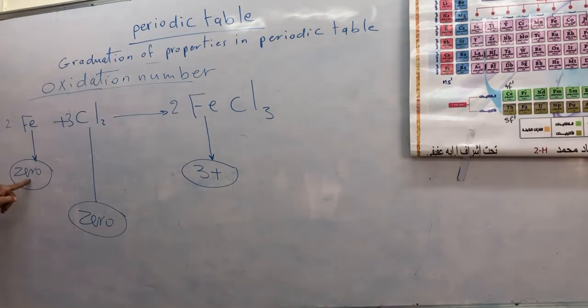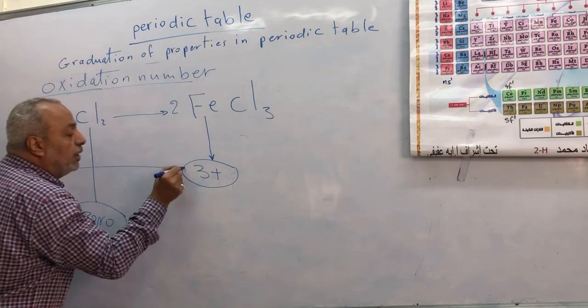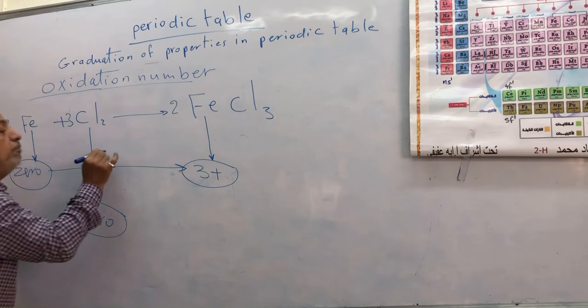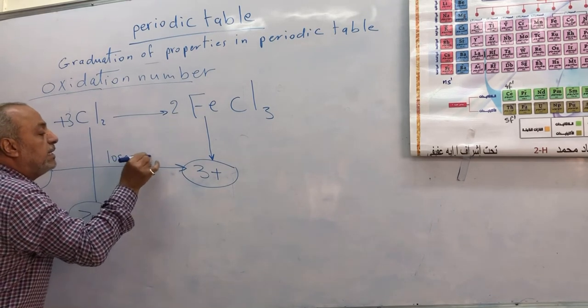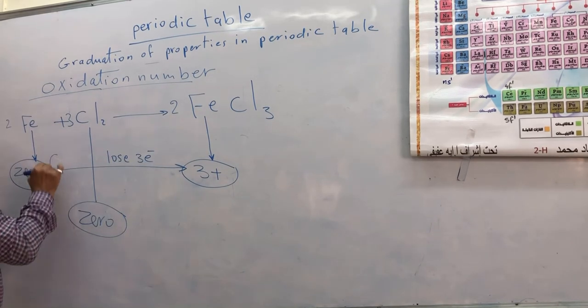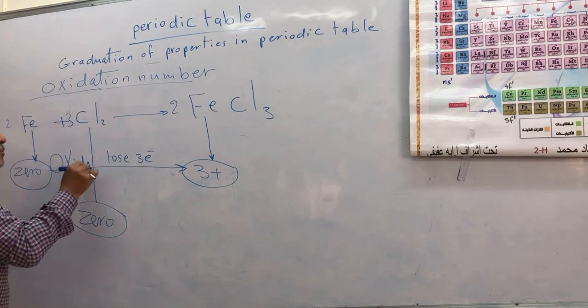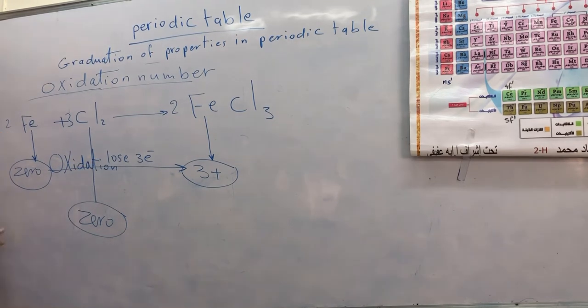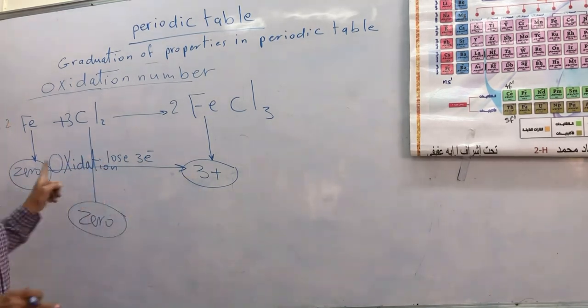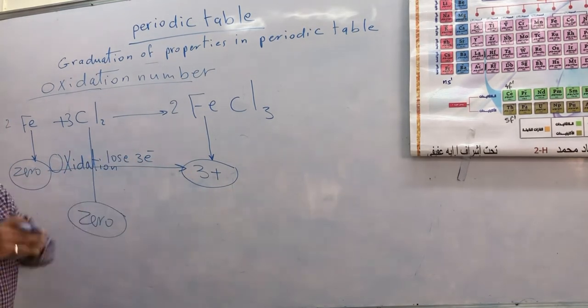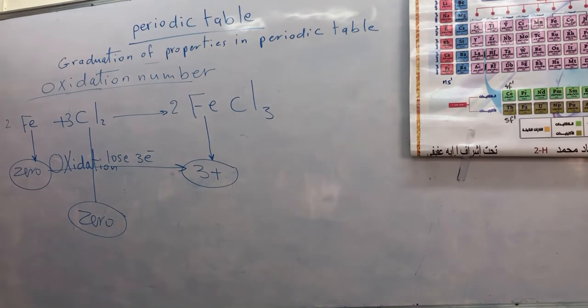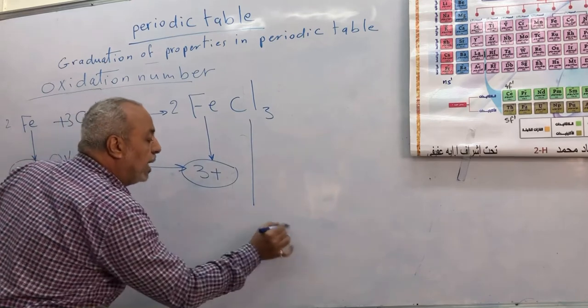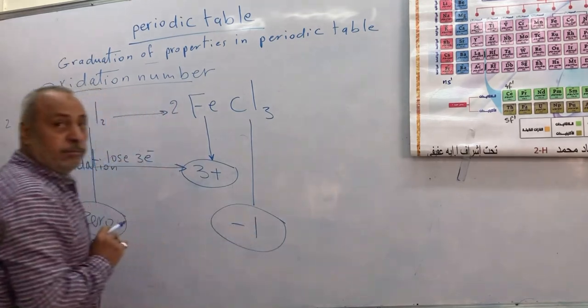What is the change that happened for iron? Iron changes from 0 to positive 3, meaning it loses 3 electrons. It means oxidation. Oxidation is a chemical process accompanied by losing 1 electron or more and an increase in positive charge. What happened for chlorine? Chlorine 0 becomes negative 1.